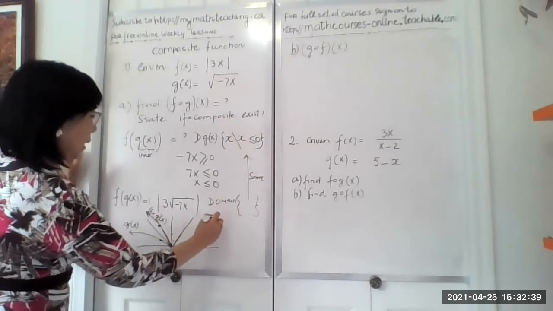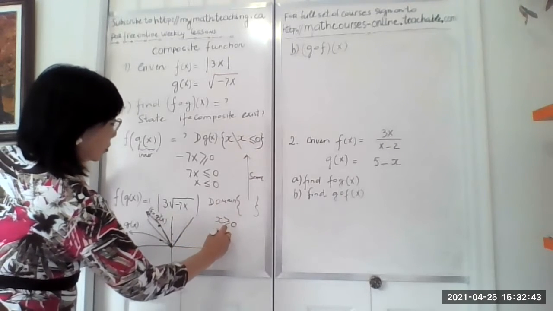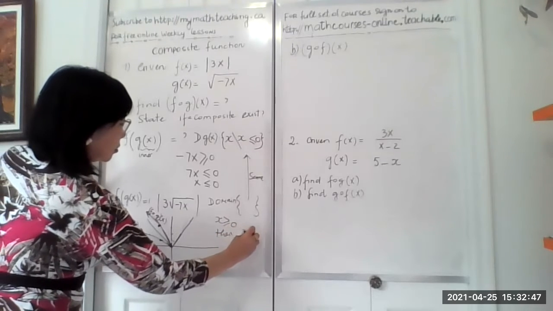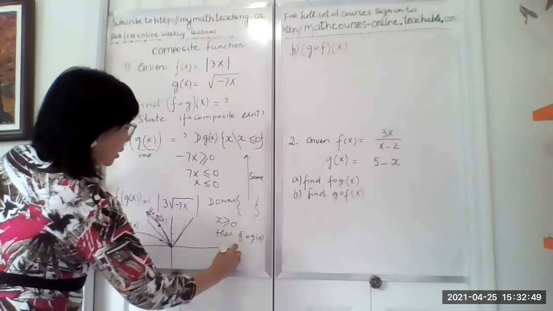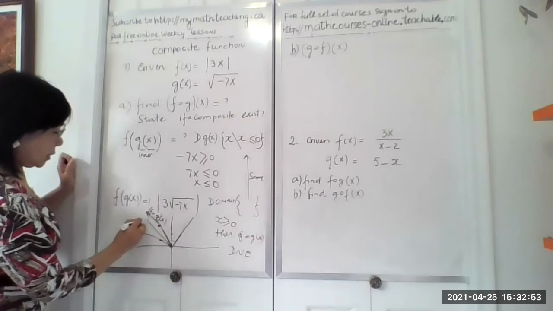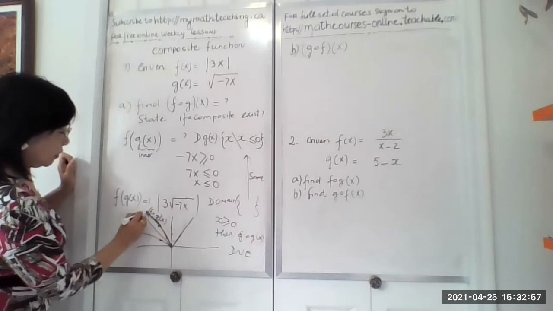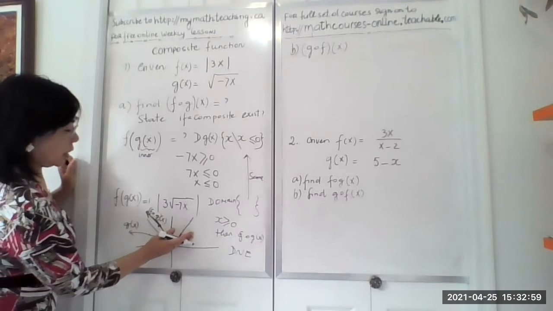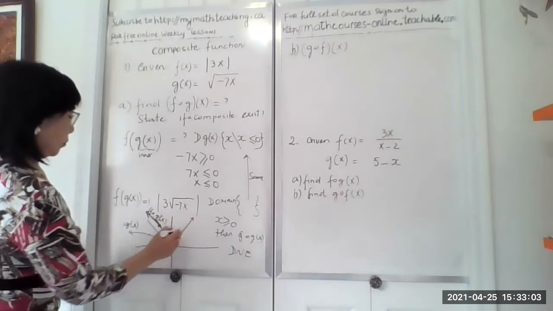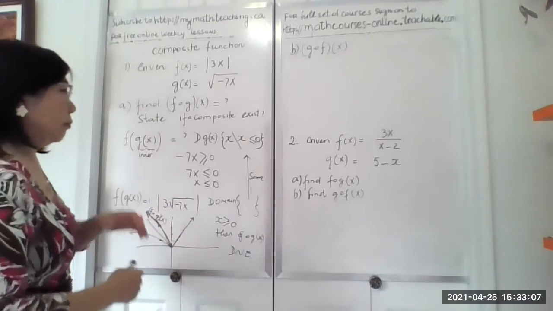So if x is bigger than 0, then f of g of x does not exist. If x is less than 0, then yes, it exists and this is the function. But on this side, it doesn't exist. So that's the idea of letter A.